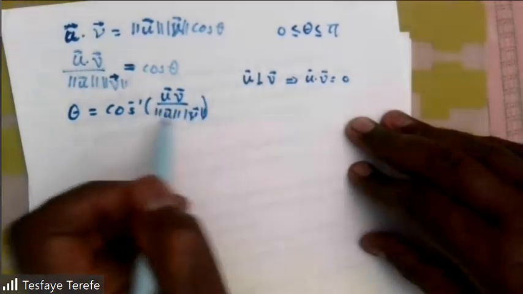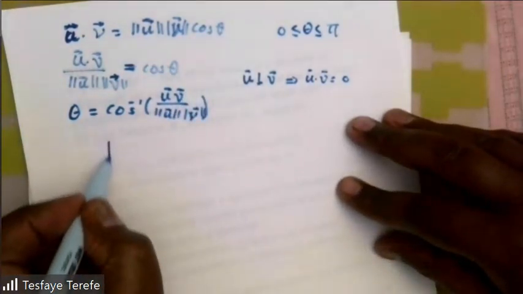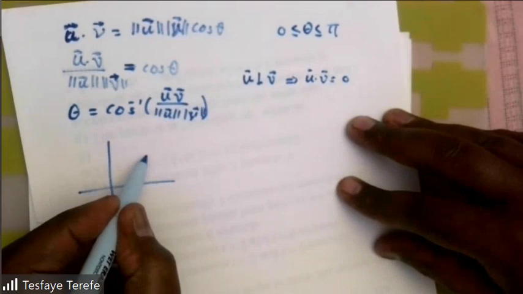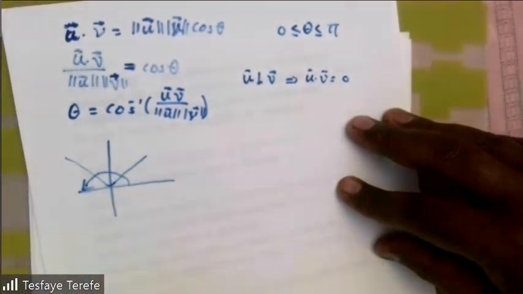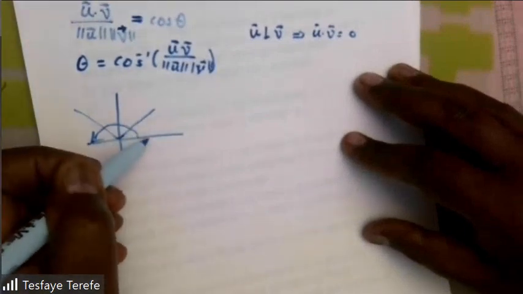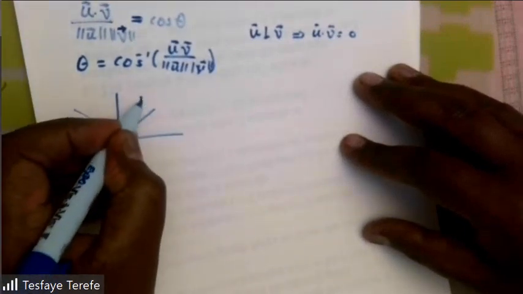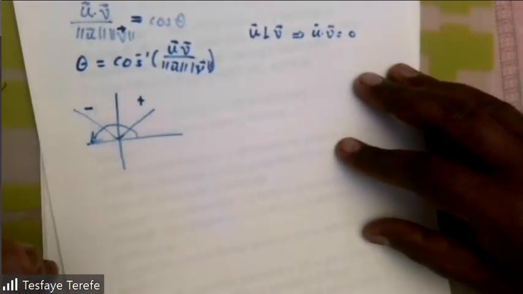Now this cosine, as you know, is between the first and second quadrant here, obtuse. The total is 180. So cosine is going to be positive here, and here negative.